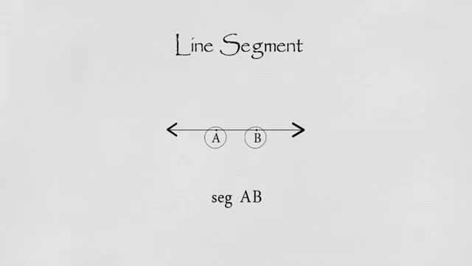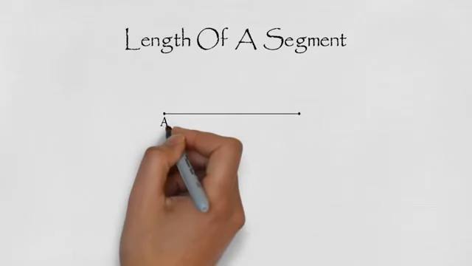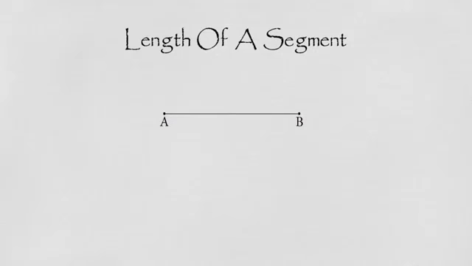A line segment is a subset of a line. Length of a segment. The distance between the end points of a line segment is called the length of the segment. The length of segment AB is denoted by length AB.